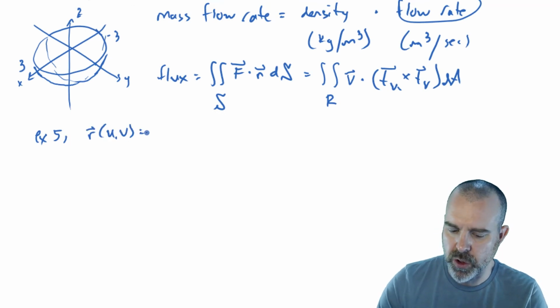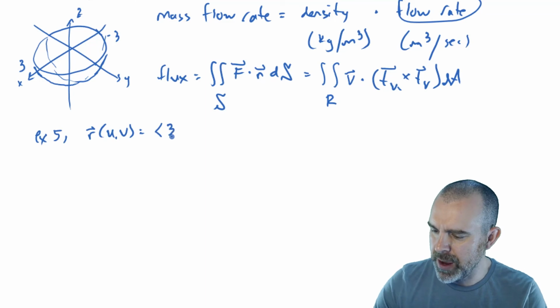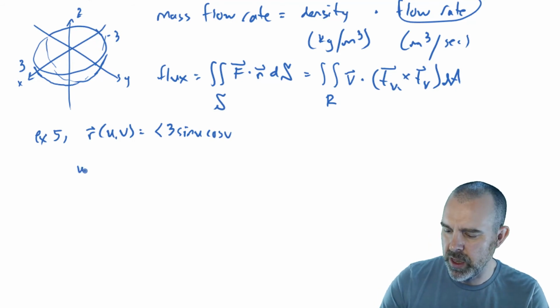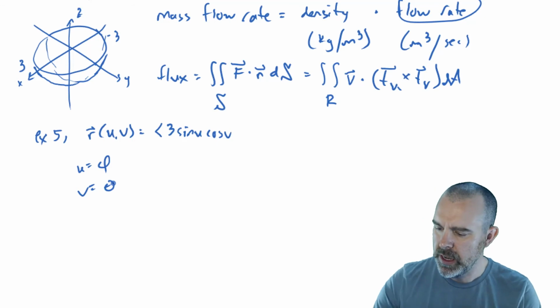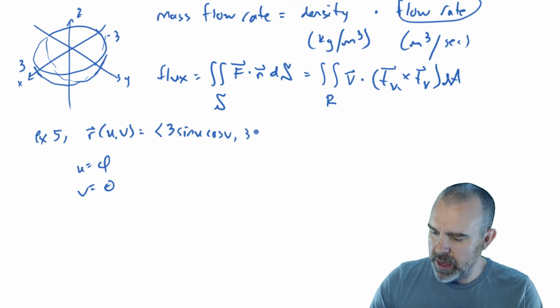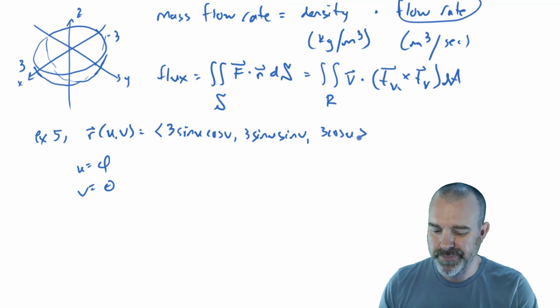It's basically spherical coordinates. So it'd be 3, because ours is radius 3, sine u, cosine v, where we're using u equals phi and v equals theta from spherical coordinates. So 3 sine u cosine v, 3 sine u sine v, and 3 cosine u.